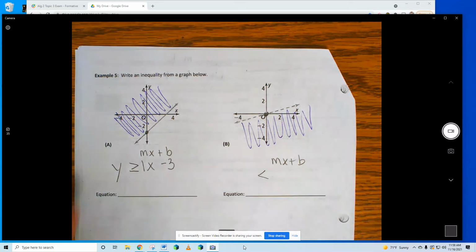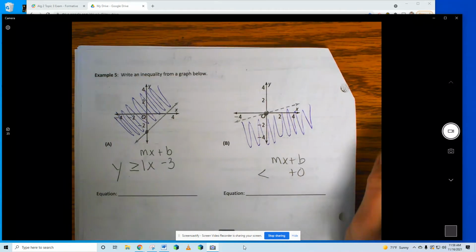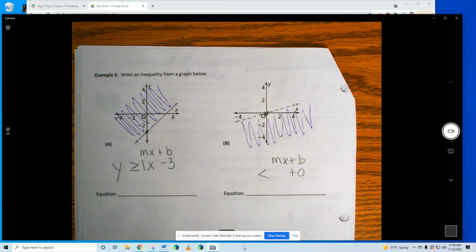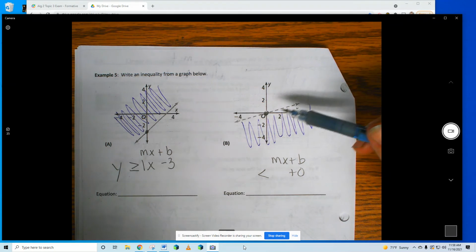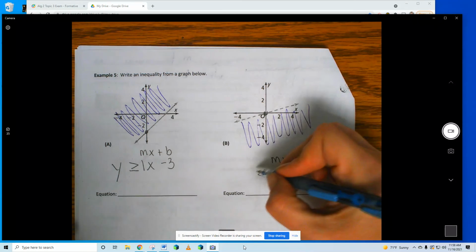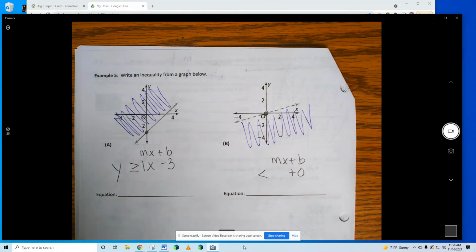Well, I guess I will, but I'm not keeping it there. No way. Can you guys tell me, is it less than or greater than? Where is the shading? Less than the line or greater than the line? It's under. Less than. Do I put the slope? Duh.